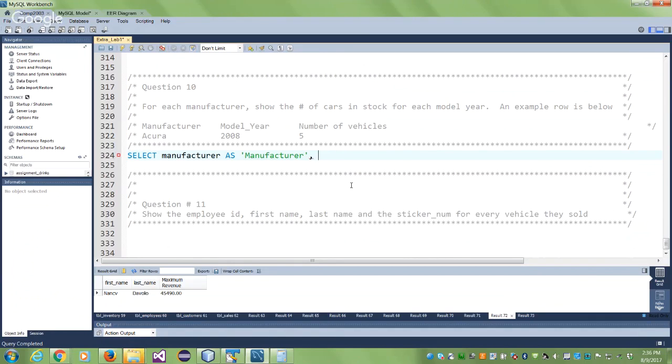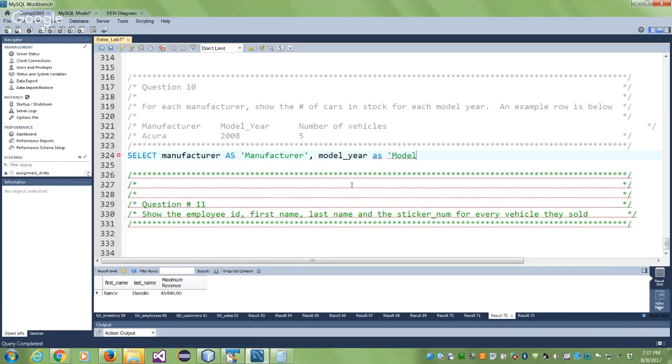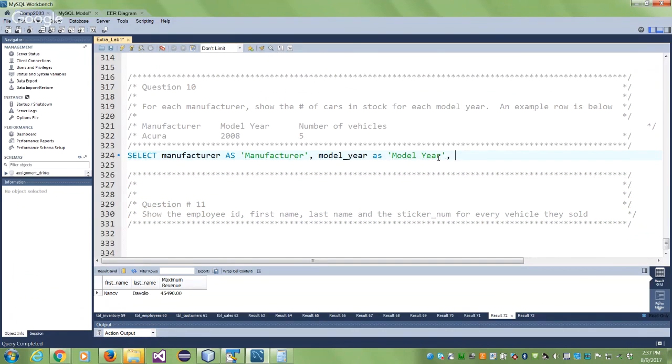Okay, now what's the second field called? Model year. Thank you. Model year is what we want to call it. Maybe if you're going to say something, remove the dash out of it at least. Let's remove the dash. And what is the third field? The third field is the number of vehicles. So here we need the count function, right? We need the count function.